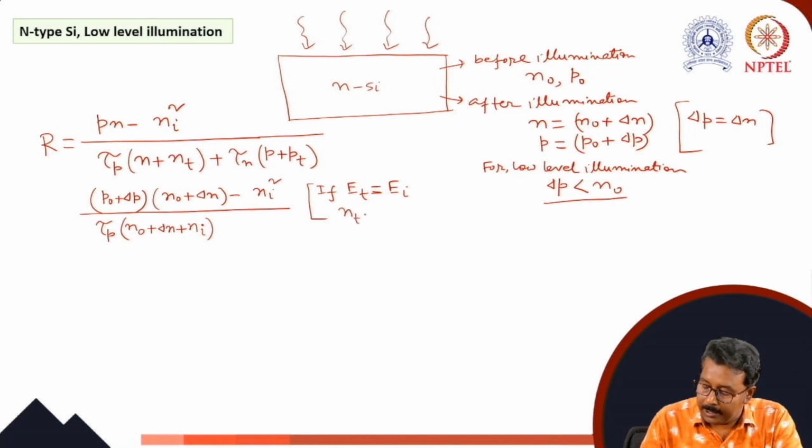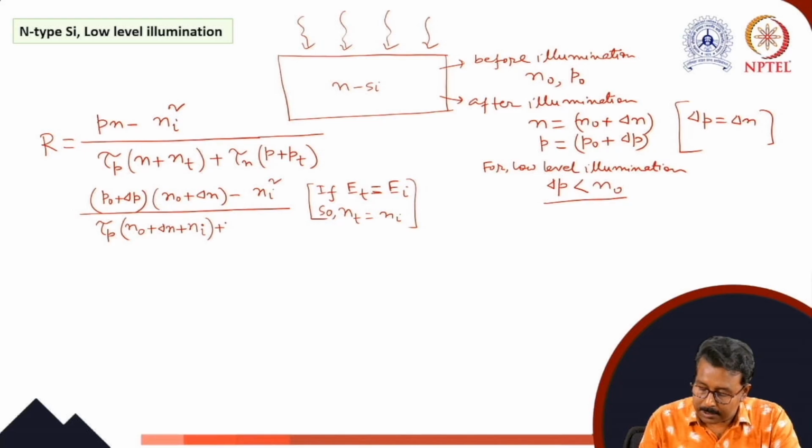So Nt is nothing but Ni. Plus tau N into P0 plus delta P plus Ni.